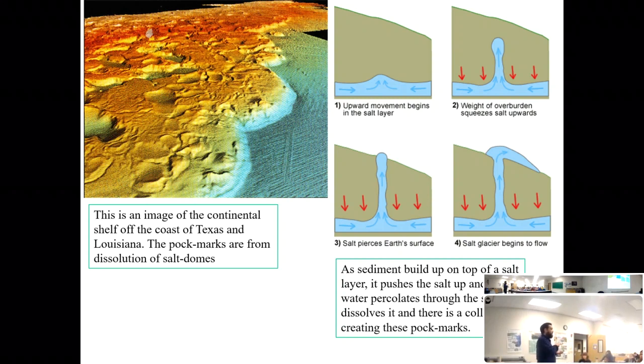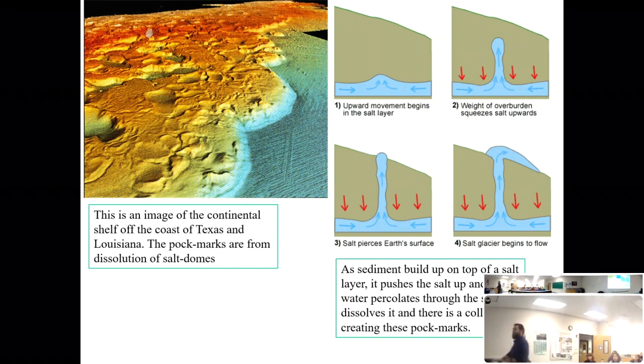From time to time it would evaporate and leave all of these layers of salt. You can almost imagine the Gulf of Mexico at that time was like the Dead Sea. You all know the Dead Sea in the Holy Lands in Israel, right? It was super saline. It would leave these layers of salt.